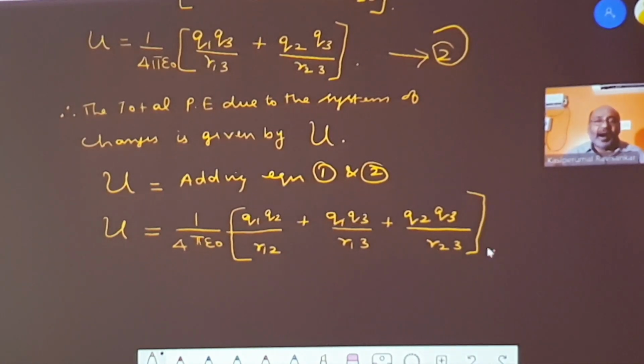So this equation represents the total potential energy due to the system of charges.